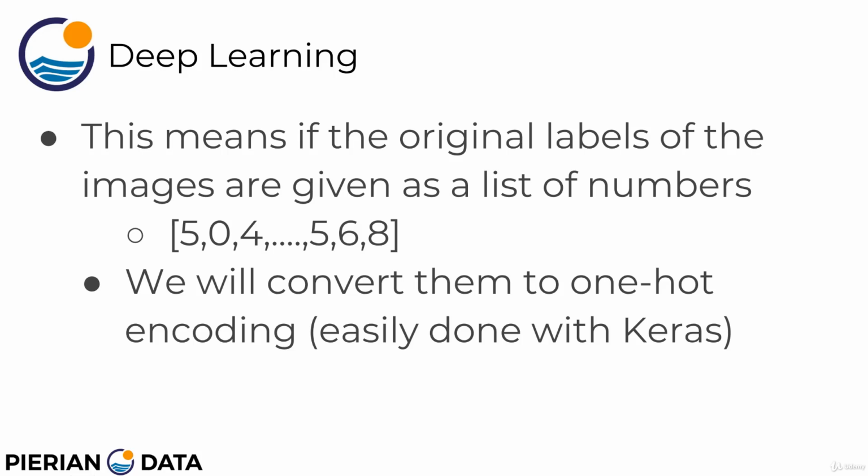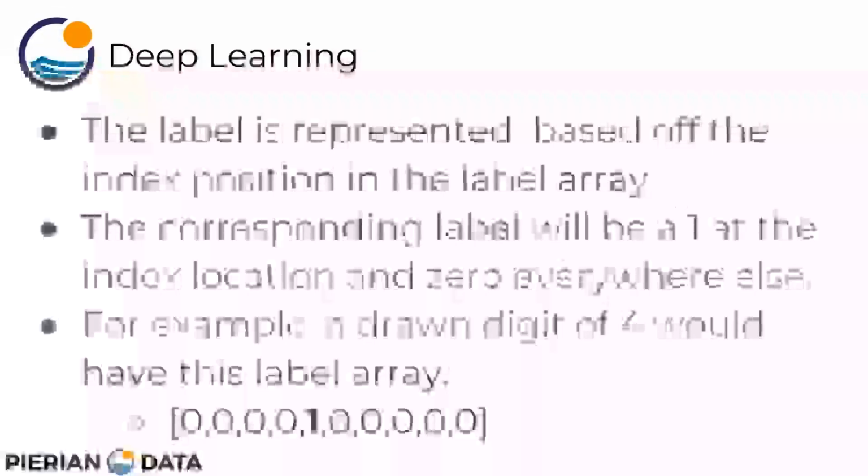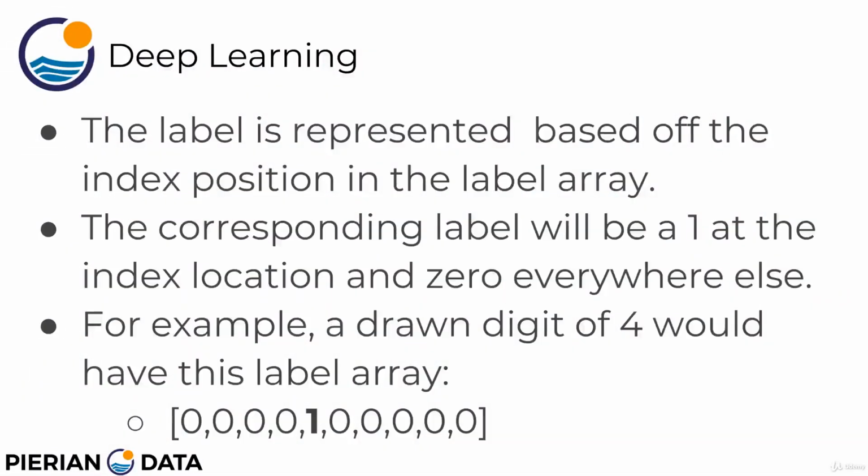We need to convert that to one-hot encoding. This transformation is easily done with Keras, but I want to make sure we understand what's happening behind the scenes. The label is represented based off the index position in the label array. The corresponding label will be a 1 at the index location and 0 everywhere else.